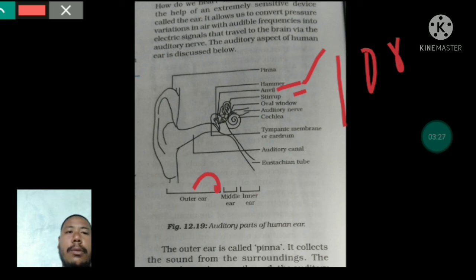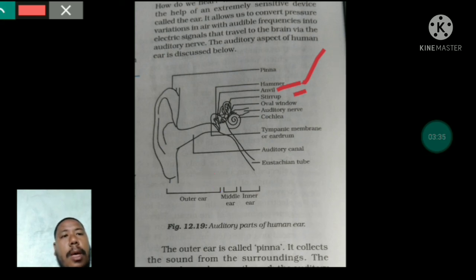In the same way, these three bones, that is anvil, hammer and stirrup, will amplify the sound which is coming from the outside and is sent inside the ear. It will be amplified, which means it will increase the volume of the sound. Okay, so this is the way through which we can hear the sound which is coming from outside in our ears.